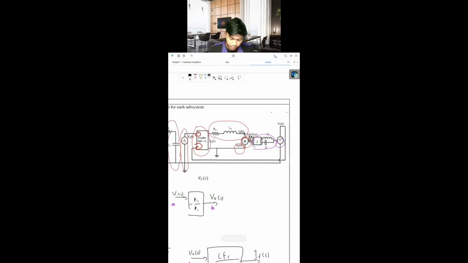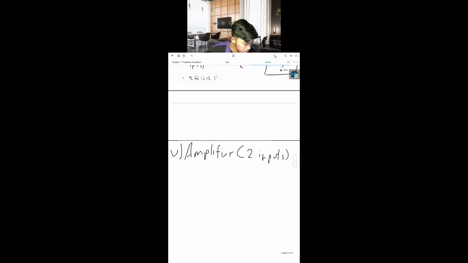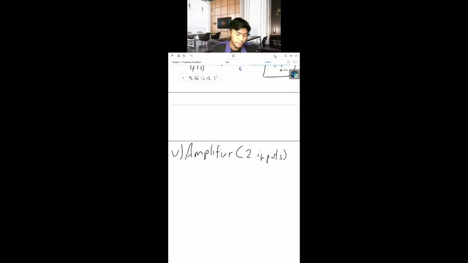Okay, we move on to write down the transfer function for the amplifier with two inputs. When the input has two or more, we know that the second one is the feedback. If we have feedback, in the denominator we have to subtract.